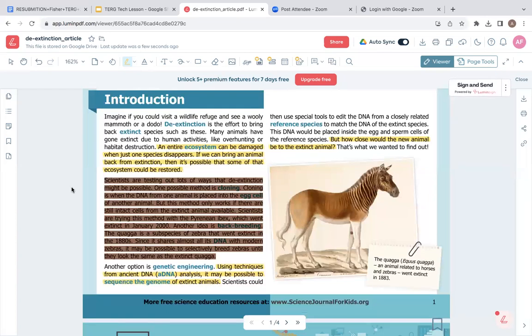Scientists are trying this method with the Pyrenean ibex, which went extinct in January of 2000. Another idea is backbreeding. The quagga is a subspecies of zebra that went extinct in the 1880s. Since it shares almost all of its DNA with the modern zebra, it may be possible to selectively breed zebras until they look almost the exact same as the quagga.